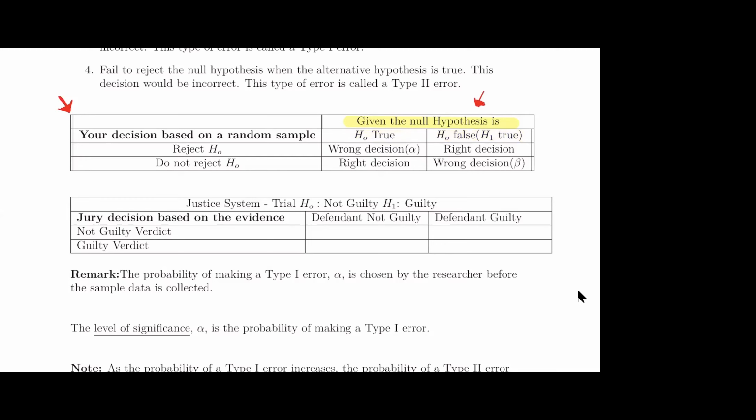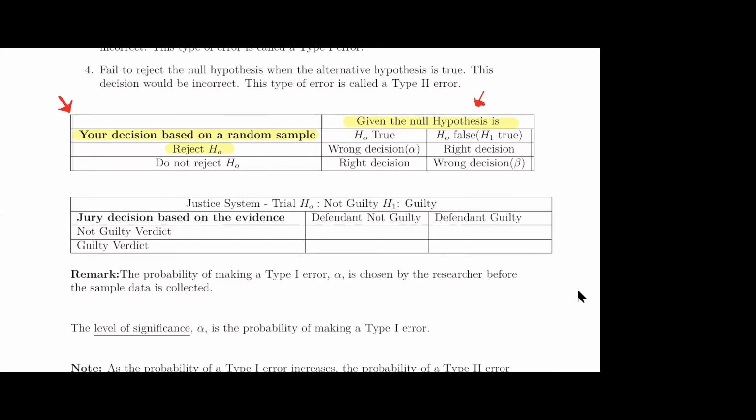And then what we have right here is your decision based on a random sample. So this isn't us knowing if we came up with the right or wrong decision. This is us concluding something based off of our sample. We're either going to say we reject the null hypothesis.